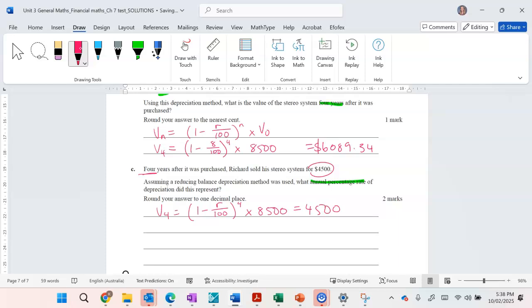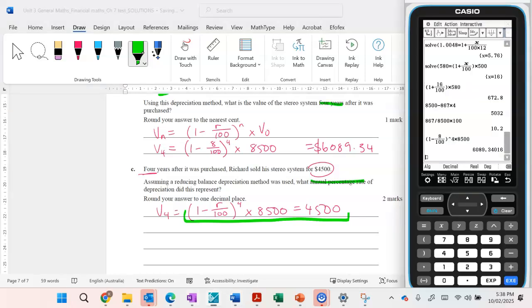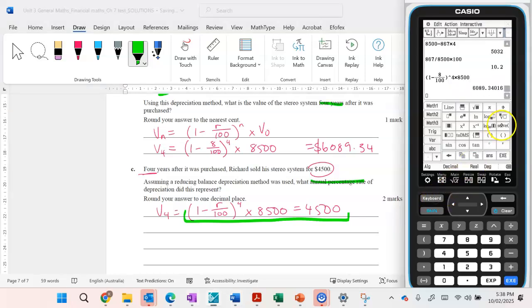All right, so before we knew the interest rate was 8, this time we know the value of the stereo and we're calculating the interest rate. So we can just put all of this, not the V4 part, but all of that into solve on our calculator. There are other ways you can do this question. If you did it slightly different, that's fine.